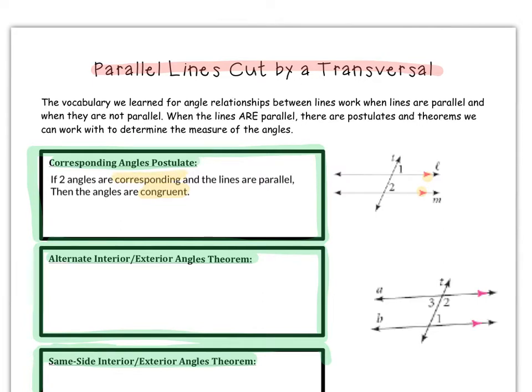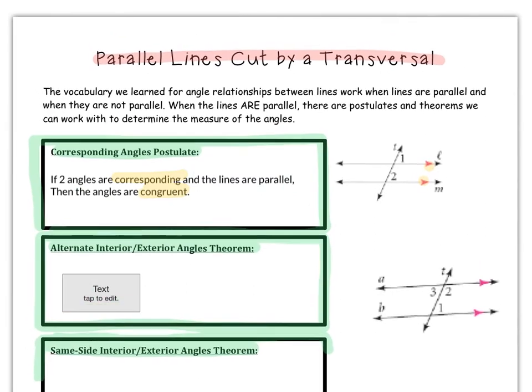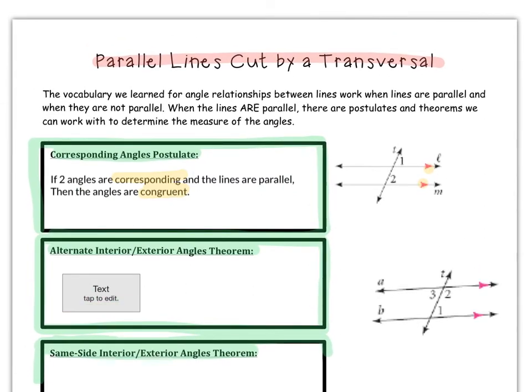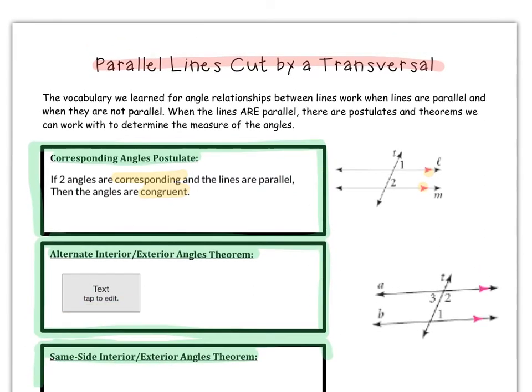All right, let's now talk about alternate interior and alternate exterior. Remember, alternate interior angles are angles that are on the inside and on alternate sides. What would be an example of alternate interior angles?